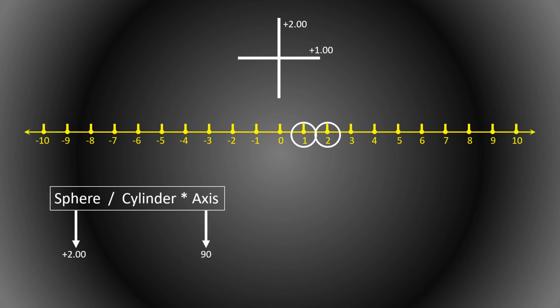Then for cylinder power, move from plus 2 to plus 1 on the number line and count the number of steps needed and the direction for the sign. So plus 2 takes only one step to reach plus 1, and in the negative direction. So the cylindrical power will be minus 1.